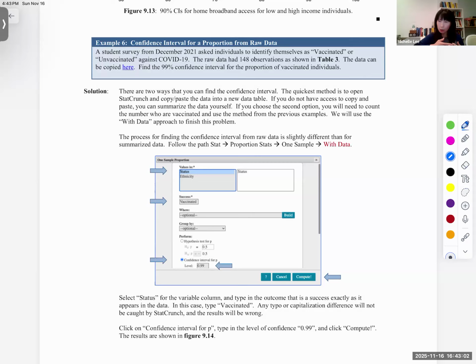So we are going to use the data. Okay, let's do it. And let's see, it's vaccinated and 99% confidence level. Yeah. So let us do that. Which one? This one? Yeah, this one.